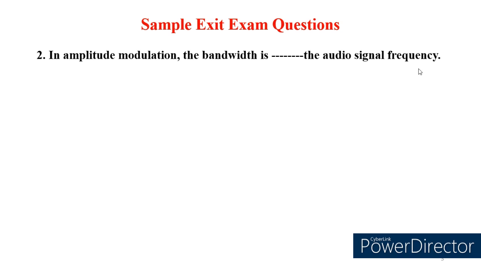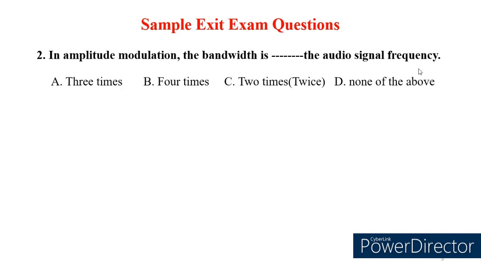Question number 2. In amplitude modulation, the bandwidth is blank of the audio signal frequency. A. 3 times, B. 4 times, C. 2 times or twice, D. None of the above. In amplitude modulation, the bandwidth of the modulated signal is twice or 2 times of the message signal or the audio signal frequency.